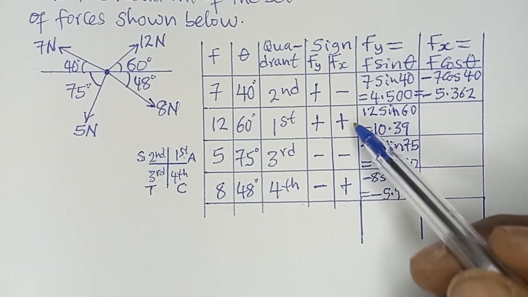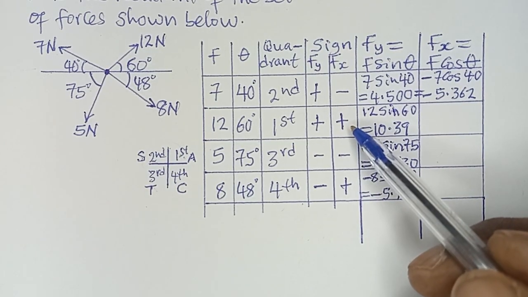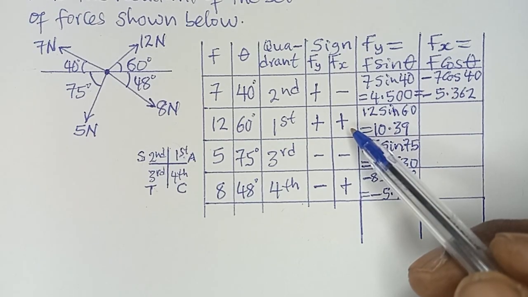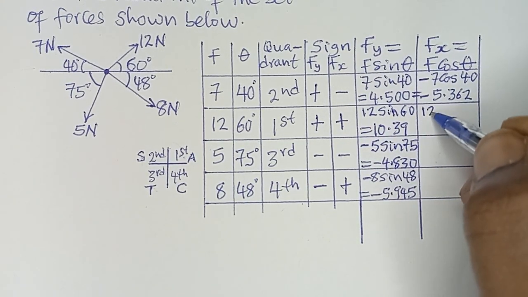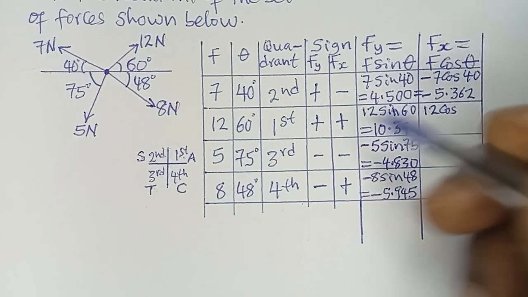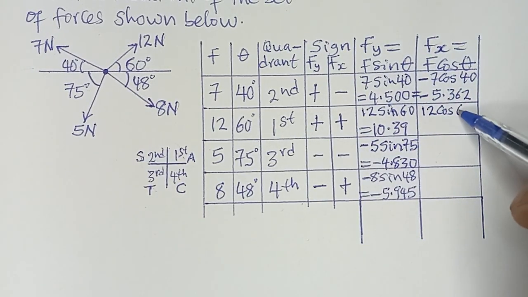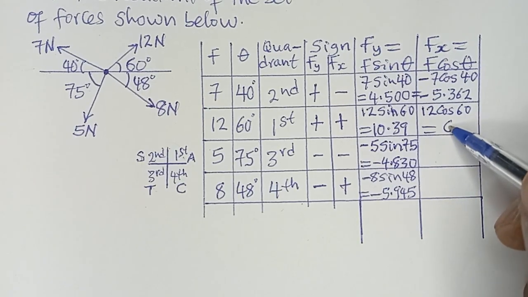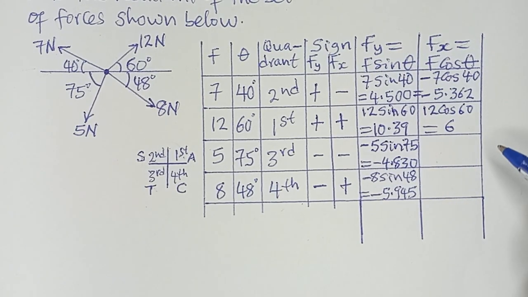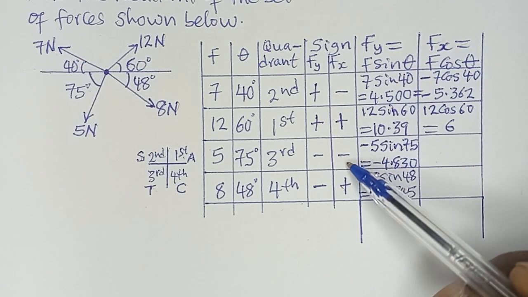And then the next one here, the sign in this case is positive. So I'm simply going to write 12 cos 60 because it is positive. The angle in this case is 60 degrees. And that will give me exactly 6 as the value. The third one is negative.